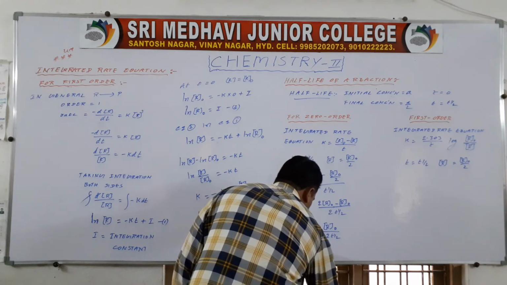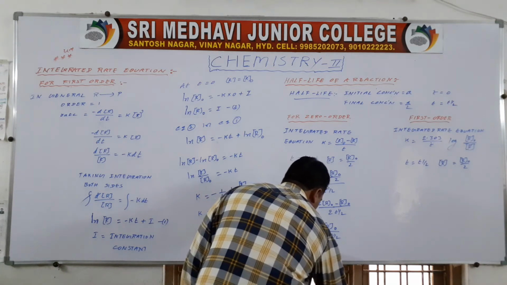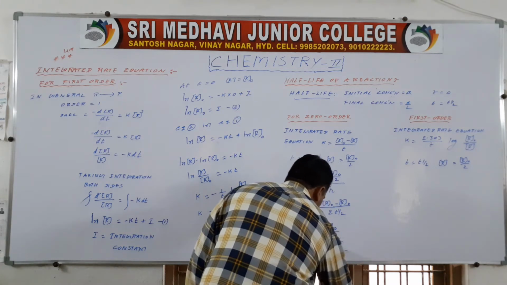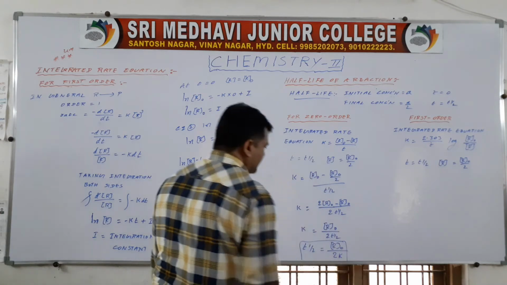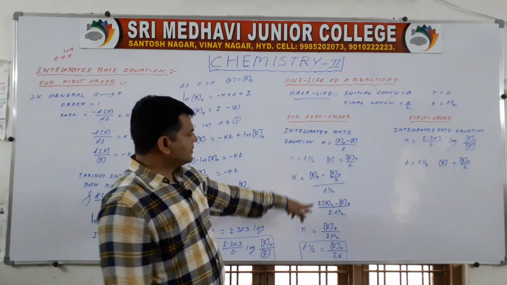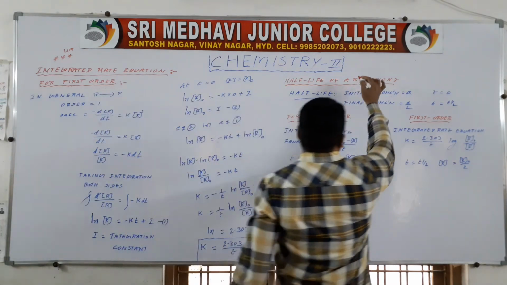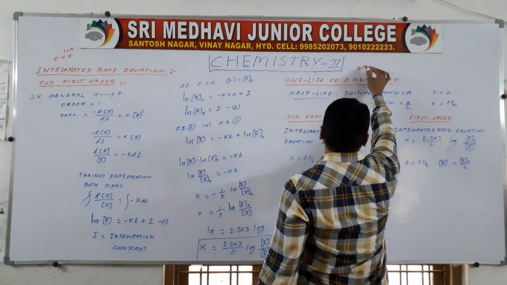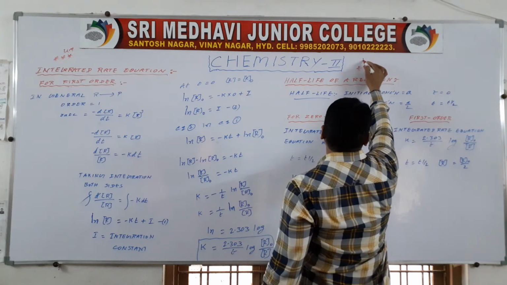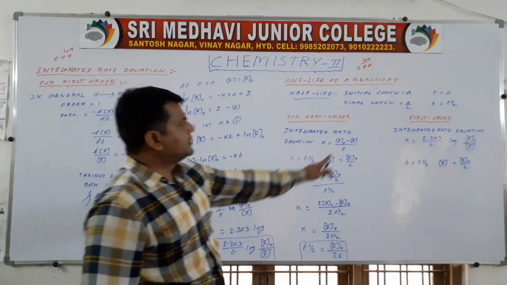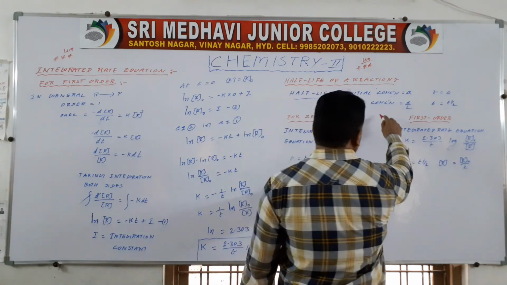Then t half equal to R naught by 2k. This is the half life for 0 order. It is very important for 4 marks.